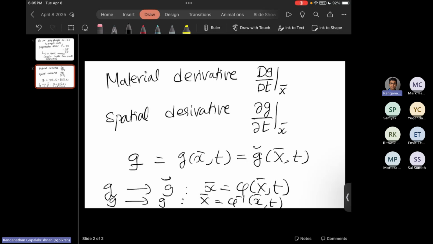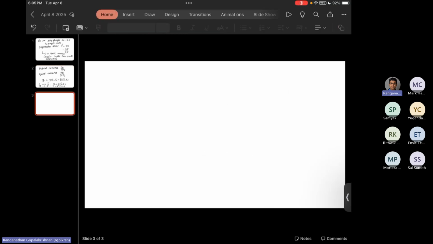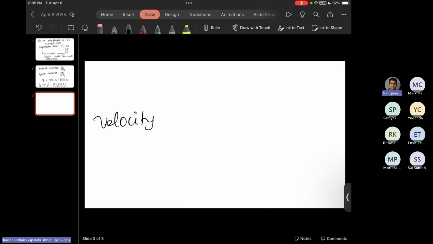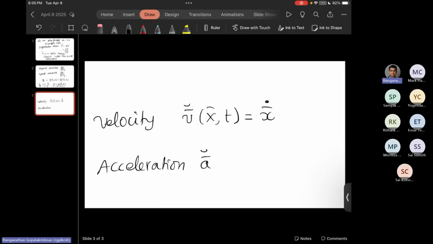We saw all this two lectures back, and we also derived for velocity and acceleration. We calculated the velocity in material frame, or the particle velocity, is x dot. The acceleration in material or particle frame is x double dot.